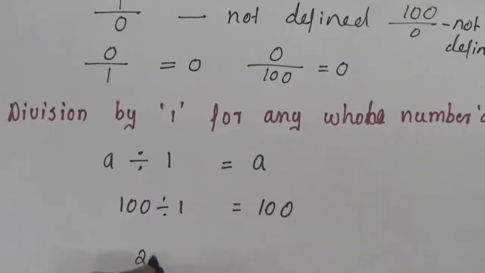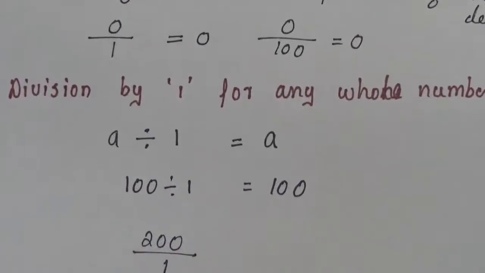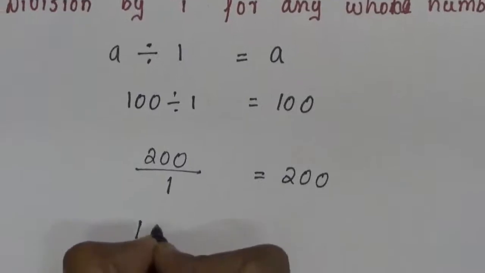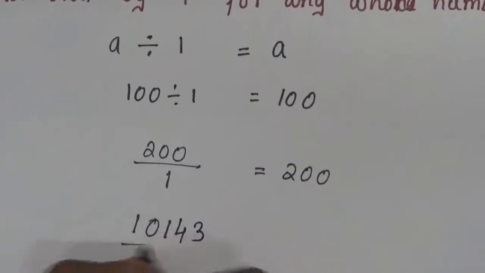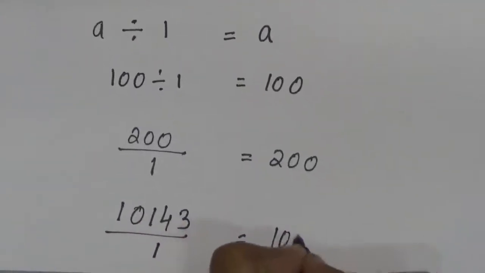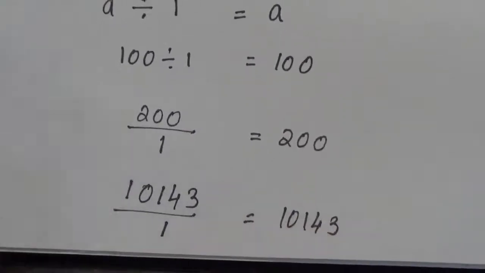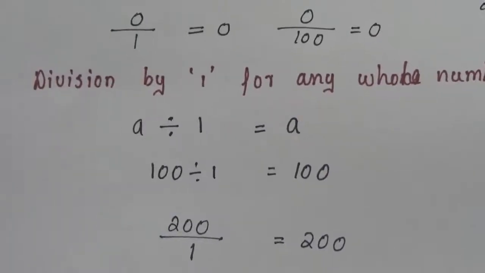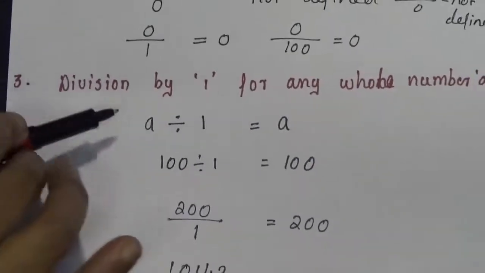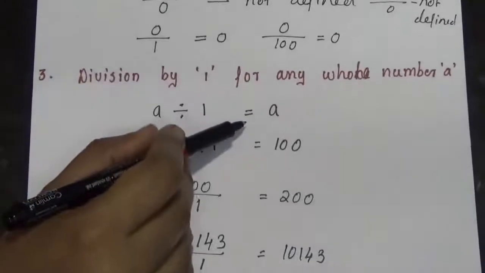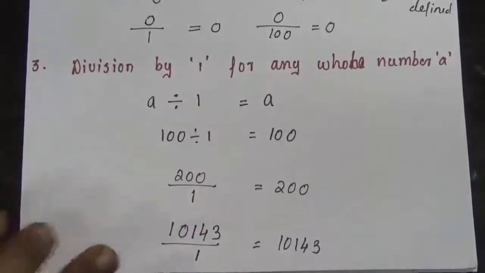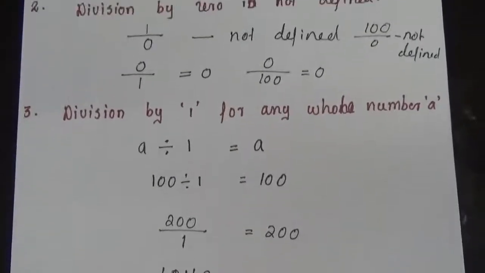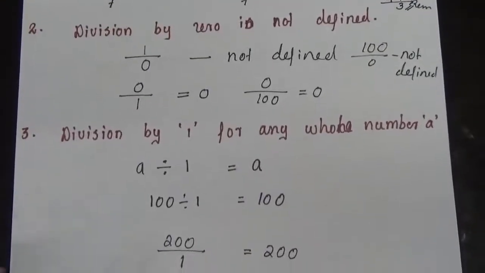Similarly, 200 divided by 1 is equal to 200, and 10,143 divided by 1 is equal to 10,143. So when we divide a number by 1, we get the same number. A divided by 1 is equal to A. So remember, division by 0 is not defined and division by 1 will give you the same number.